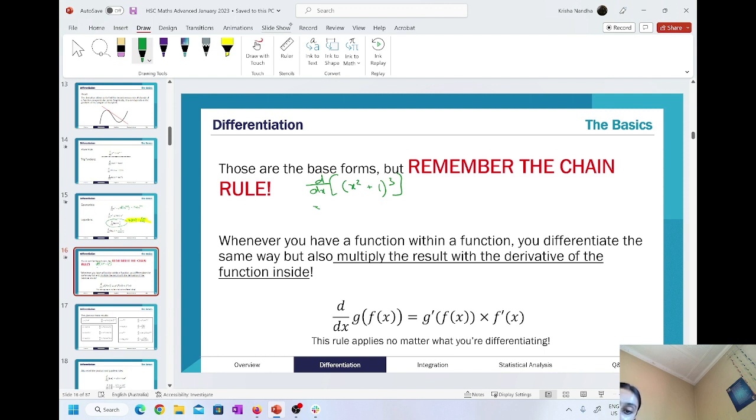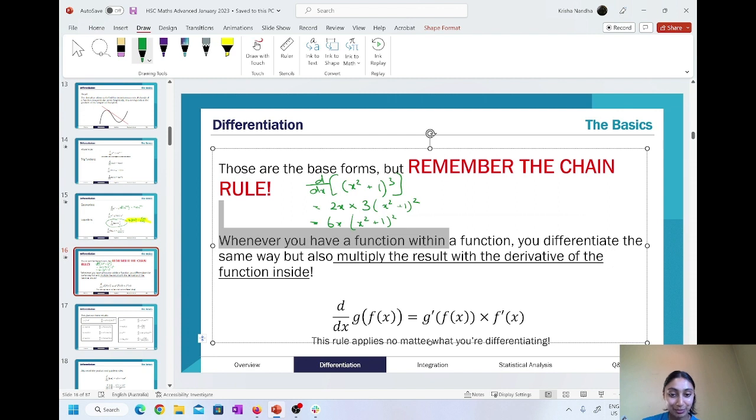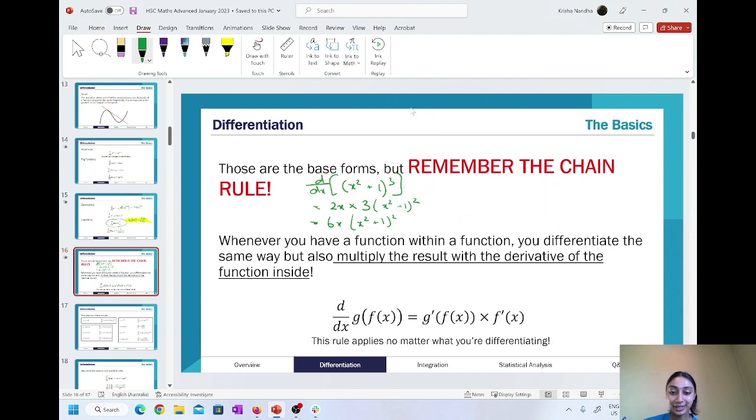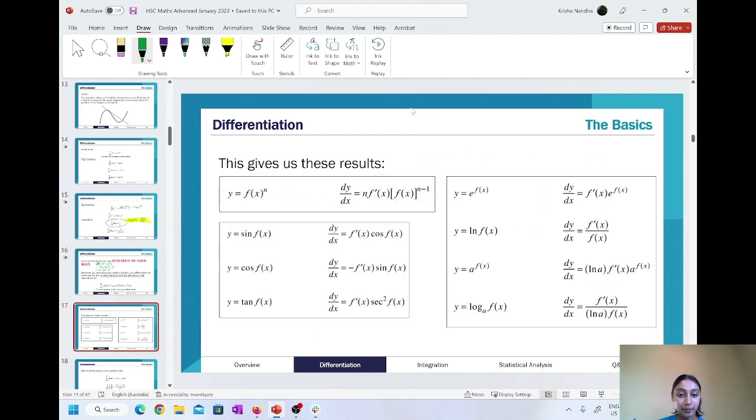So this is f of x inside the function. f dash of x is 2x times 3 times x squared plus 1 squared. Okay, so that gets us 6x times x squared plus 1 all squared. That's how it works. I personally am not too good with explaining how that one works though, sorry. Okay, then we'll just put them all together.